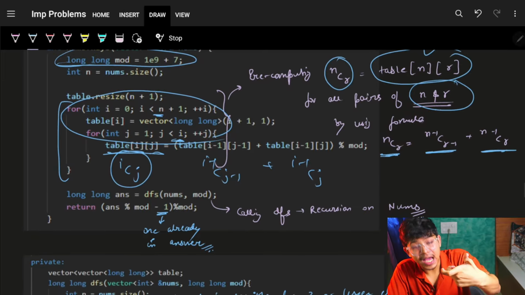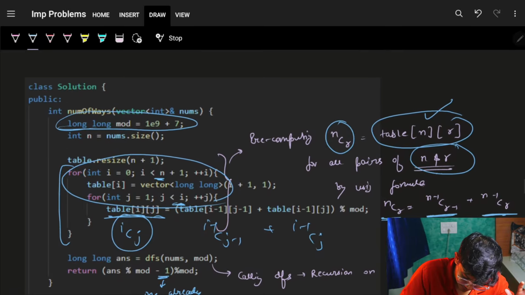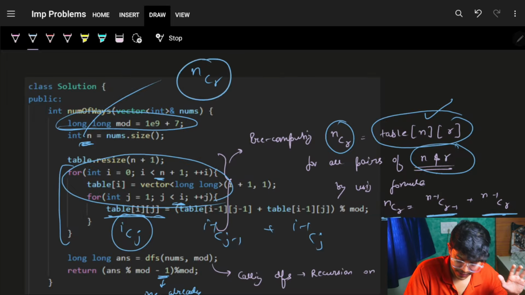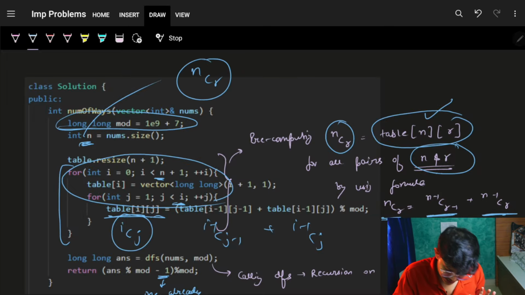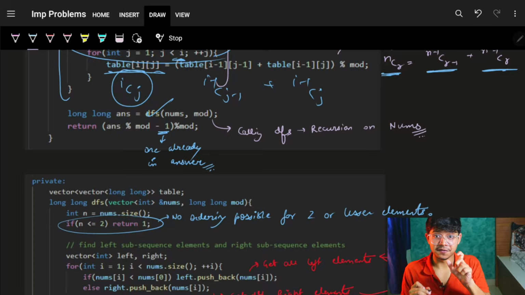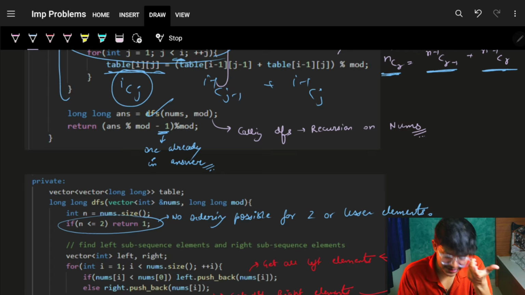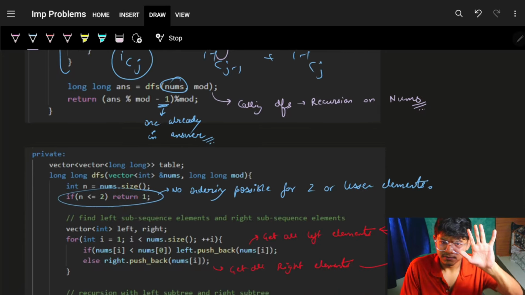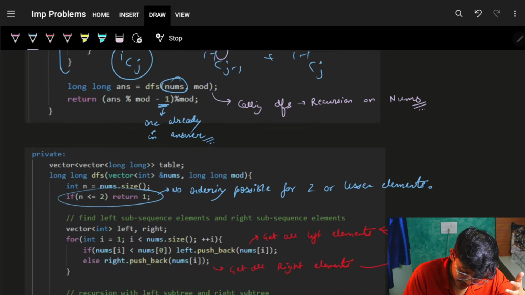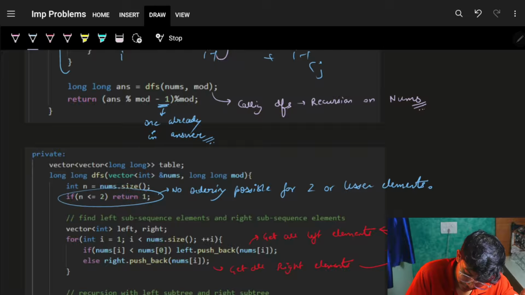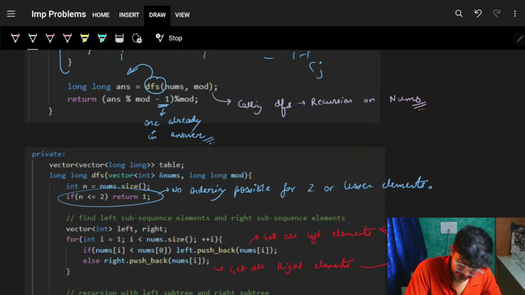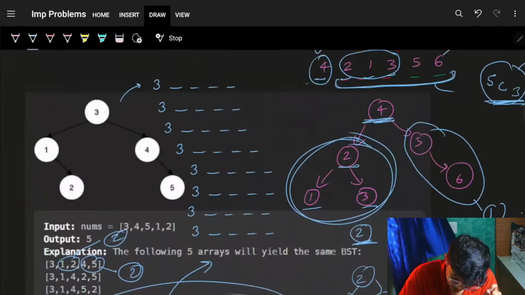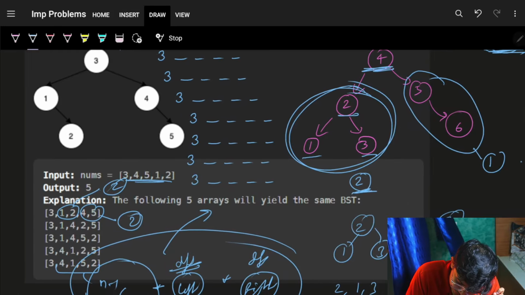Now I have the I, J values for all the pairs required, which means up till n, which is nums. So I have got all the NCR pairs whatsoever it could have been. Now I will call my DFS function, which will find for this nums how many reorderings are possible. As soon as I get the answer, this function will give me all the possible ways. But you remember one thing, in the question itself, one way is already given.